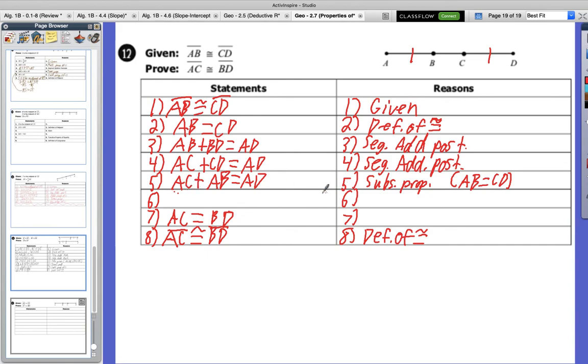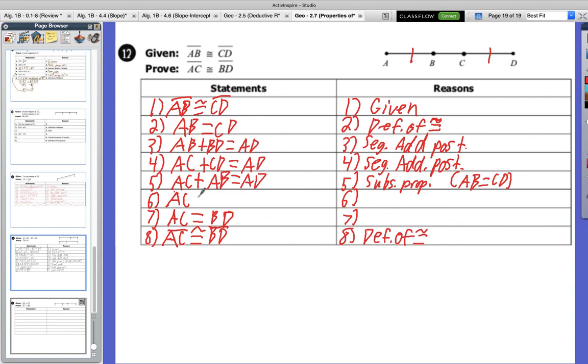So now I'm going to use my transitive property to have a lot of different things equaling the measurement of segment AD. And I'm going to need segment AC on the left and segment BD on the right. And these both, in step 3 and step 5, have the measurement of segment AB being added. So I like that one the most. So I'm going to combine statements 3 and 5 using the transitive property, since they're both equal to the measurement of segment AD.